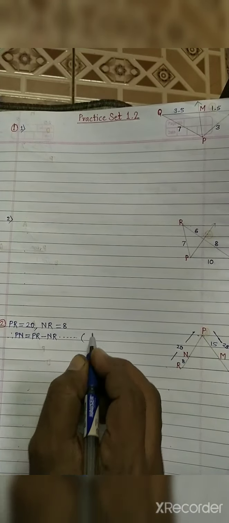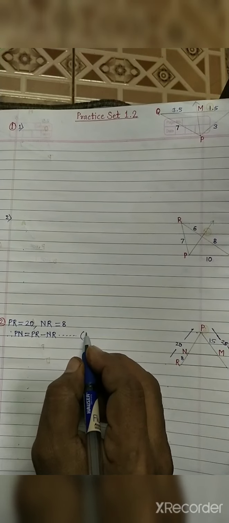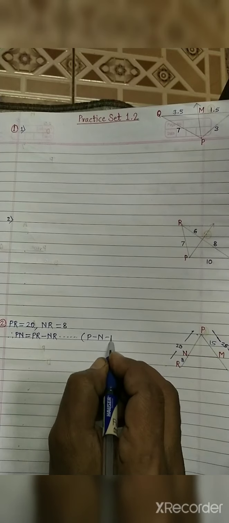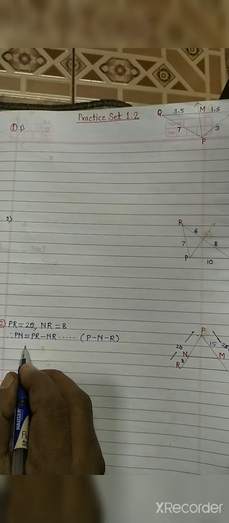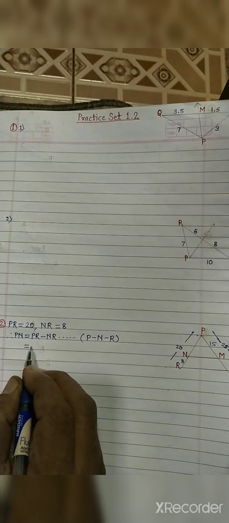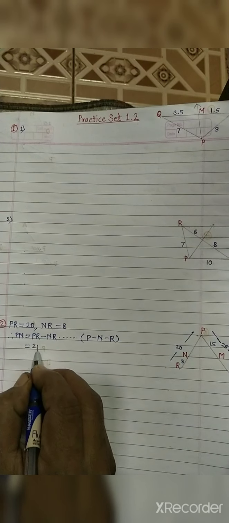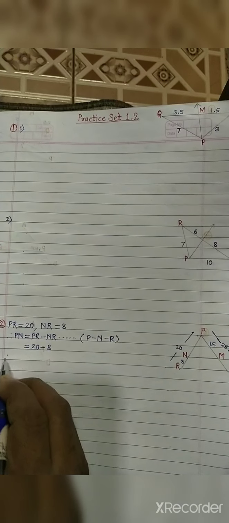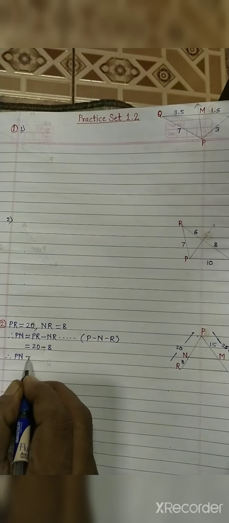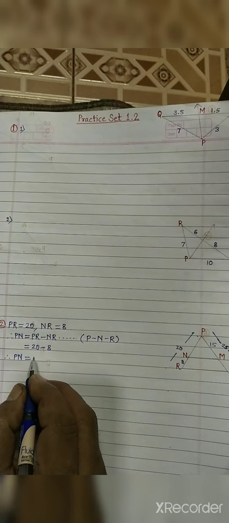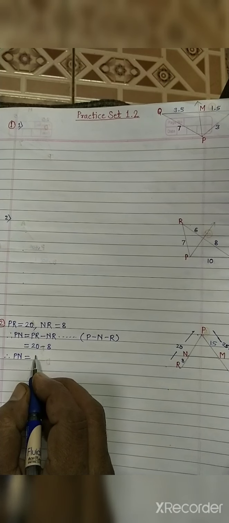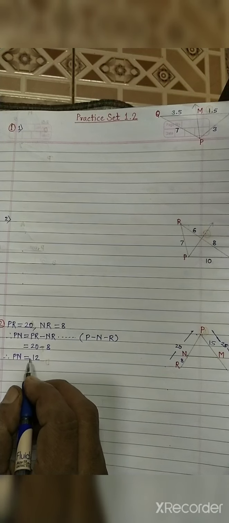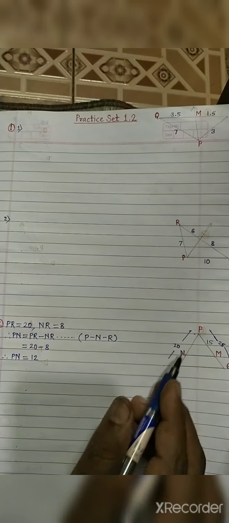Here the reason is PNR. So PN is equal to PR, which is 20, minus NR, means 8. So PN is equal to 20 minus 8, which is 12. Okay, now we have to find MQ.